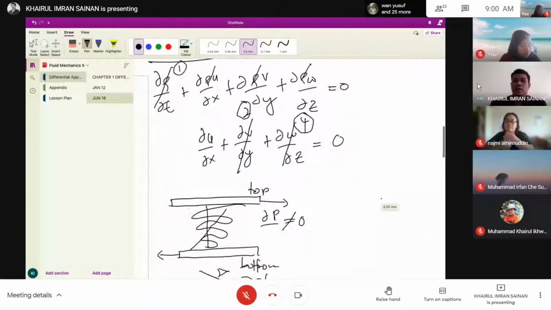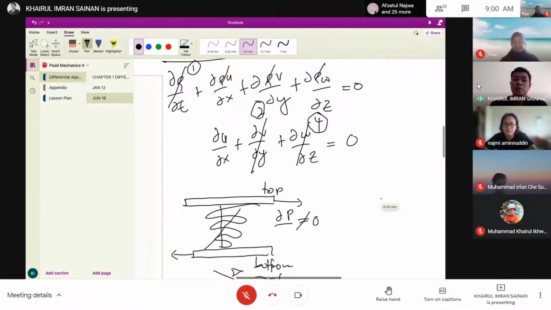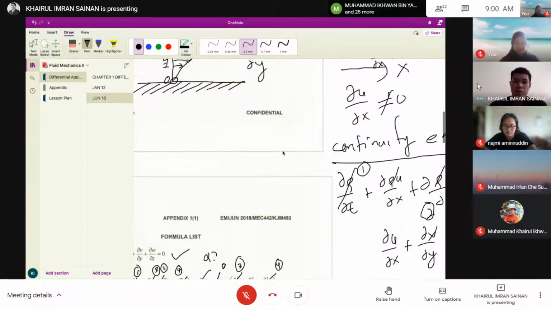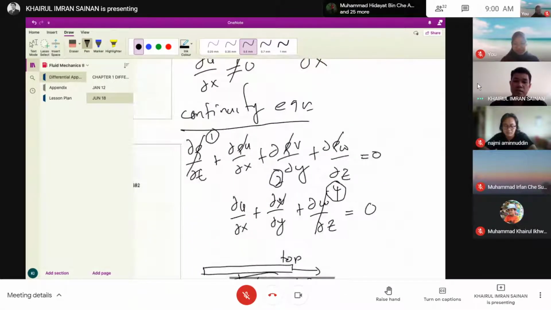Alright. Next, we can cancel out del v over del y, right? Because we know this one. In fact, we don't need this whole thing. Even though the whole term is cancelled out, the one that we cancel is v actually, because we don't have any component v. Our fluid flow only has u. So v is cancelled out.